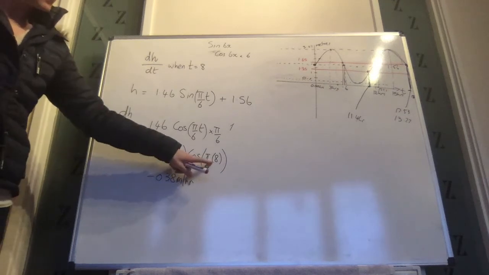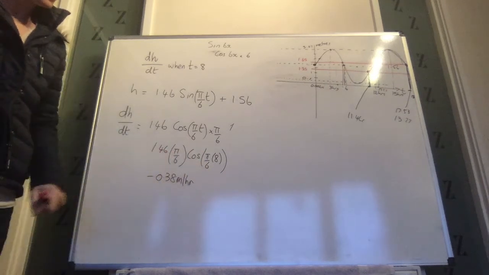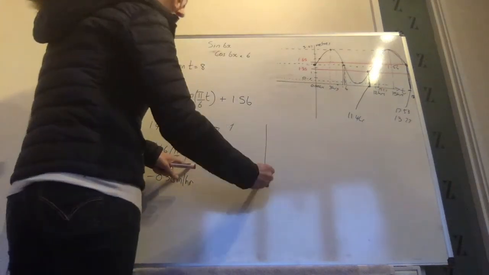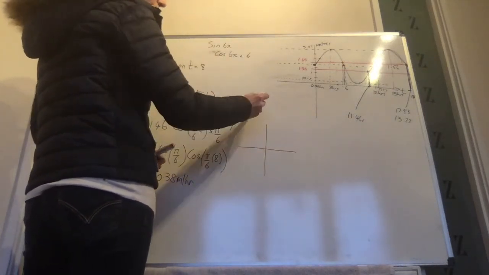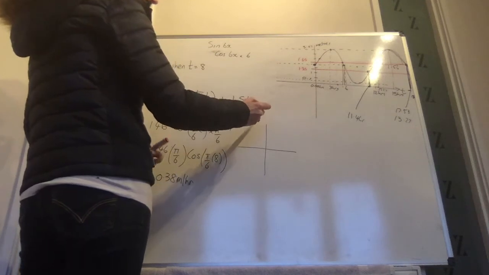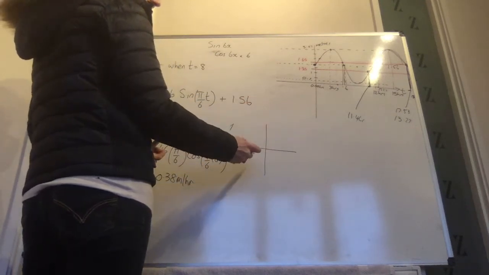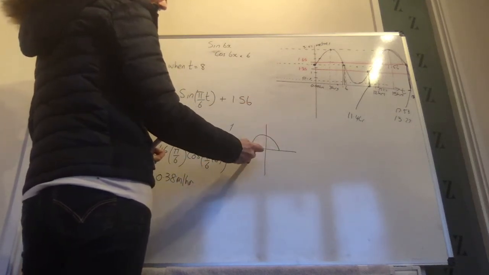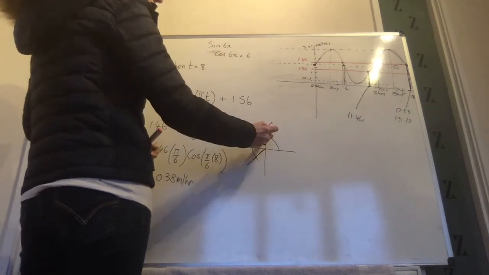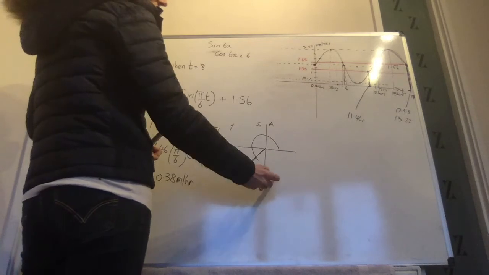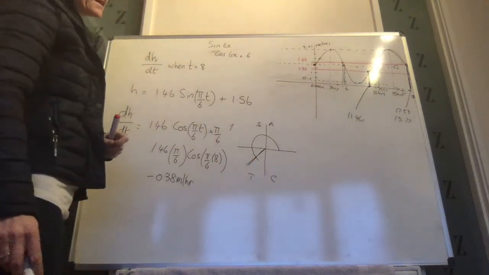The minus comes from the fact that this turns out to be 4 pi over 3. So what's the cosine of 4 pi over 3? 4 pi over 3 is 180 plus 60, so it's 240 degrees. That's somewhere in here, and we know, all silly Tom cats, in here cosine is negative.